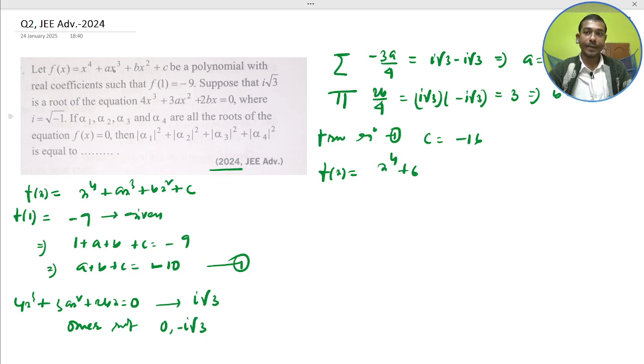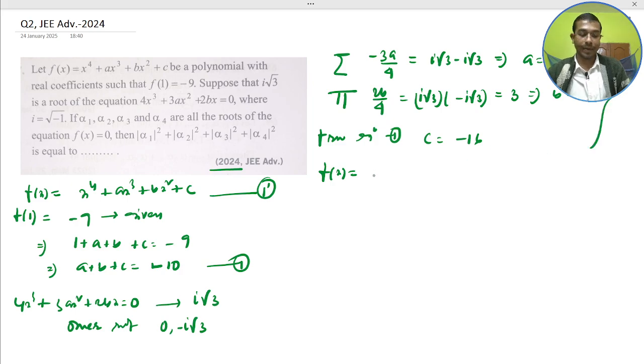Here b equals 6, a equals 0. I just write this equation f(x) as x to the power 4 plus, putting these values of a, b and c, x to the power 4 plus 6x square minus 16 equals 0. That implies x square plus 8 into x square minus 2 equals 0.